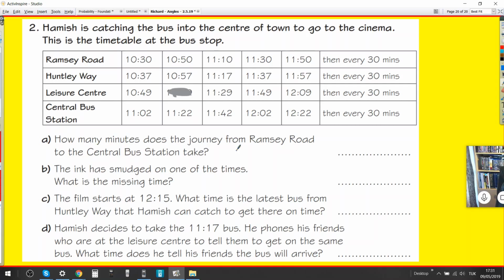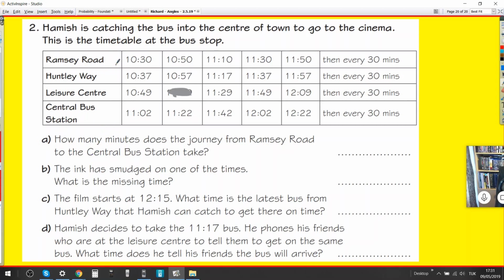Well, I just noticed that the film starts at 12:15. For part A? Ramsey Road to Central Bus Station?